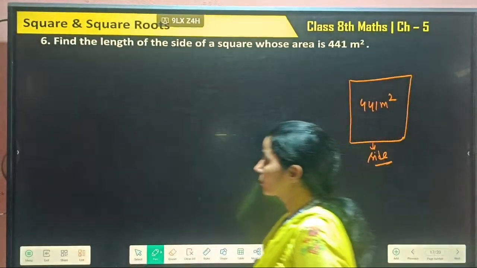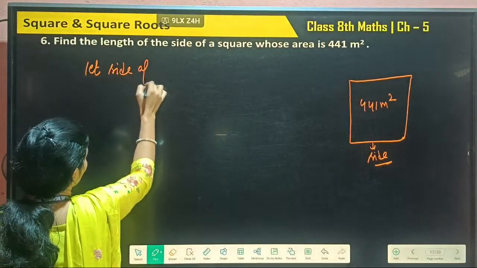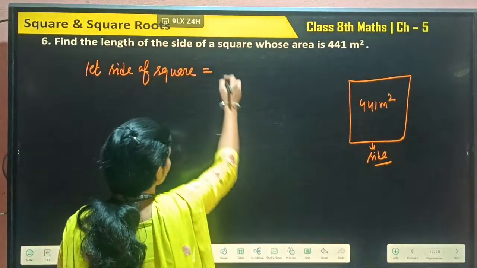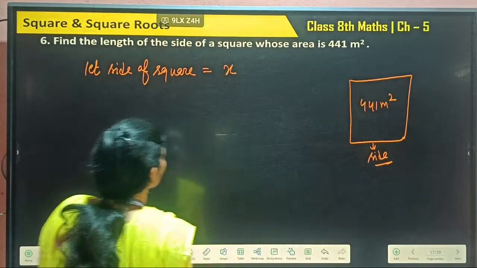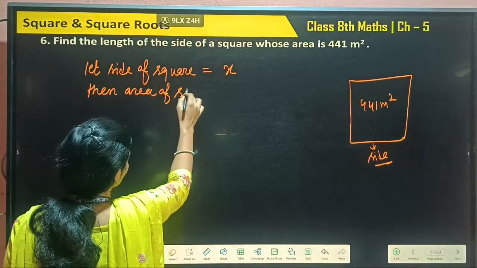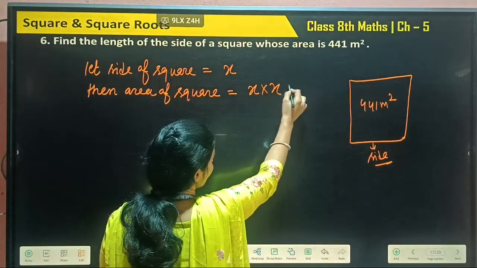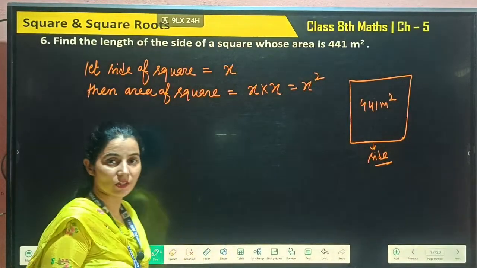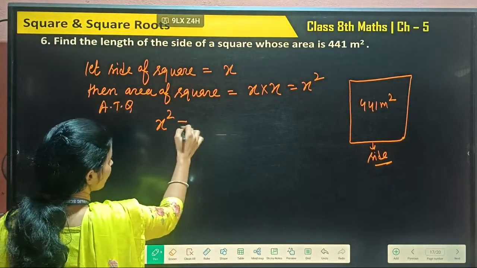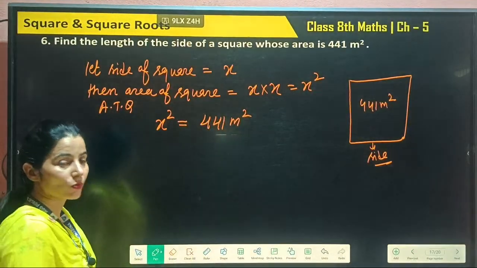Let the side of the square be x meters. Then the area of the square is side into side, that is x into x, x square. But according to the question, this area is given to us as 441 meters square. Now applying square root on both sides.